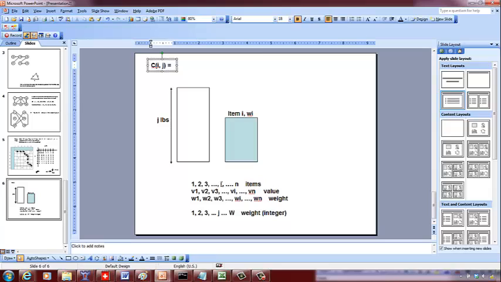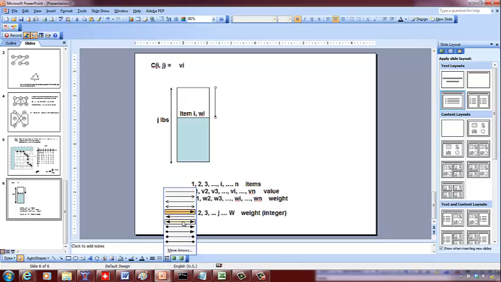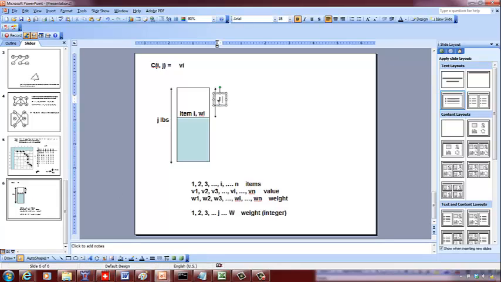If you pick it up, you're going to add a value vi, because you're bringing in item i and putting it in a knapsack of capacity j pounds. So item i weighs wi pounds, so the remaining portion of the knapsack weighs how much? j minus wi pounds.